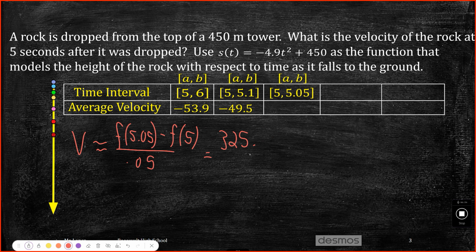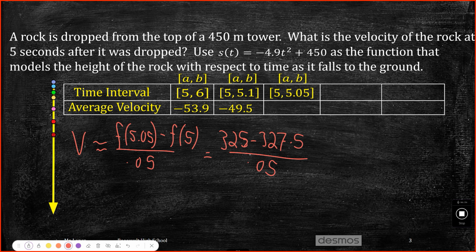Where do I round? 325, I guess, if it's rounded to the nearest tenth, and then minus 327.5 divided by 0.05. So it's negative 2.5 divided by 0.05.